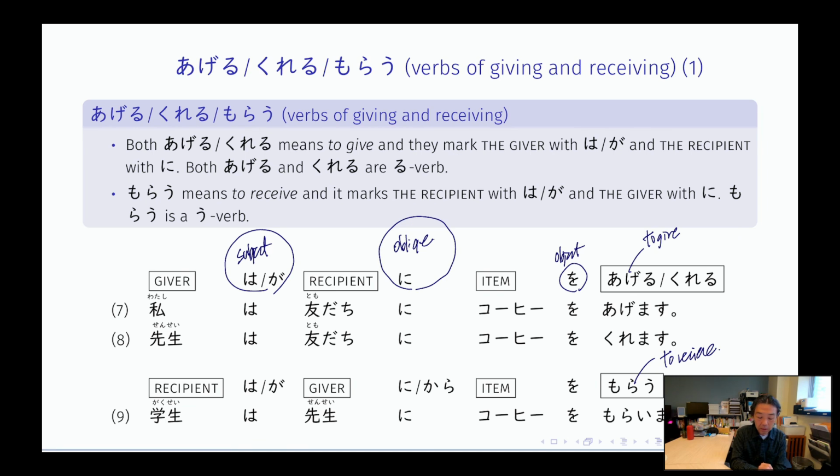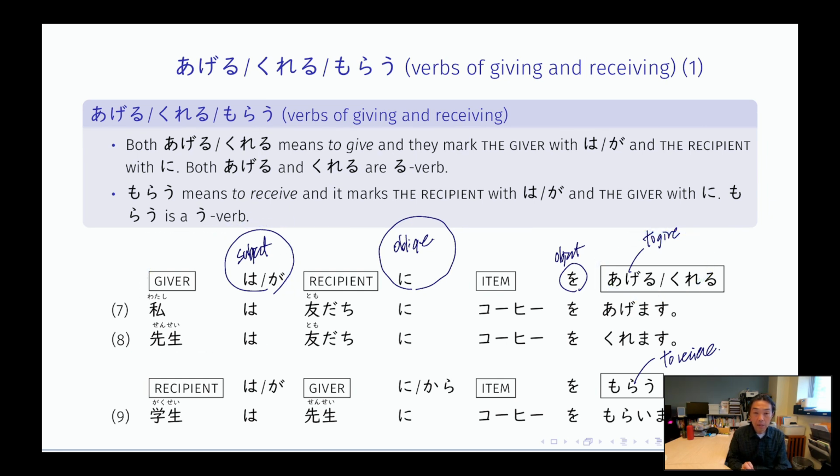The same way, 先生は友達にコーヒーをくれます。The teacher gave coffee to my friend. Okay, so that's how it goes. When you have to give, あげる, くれる, the giver is always the subject.